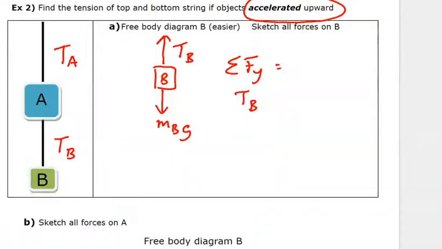We'll call that positive. Call this negative. So TB minus MBG equals what? MBA. Why? Because these two forces are accelerating one body, the bottom box. Yeah, that's something new for you.